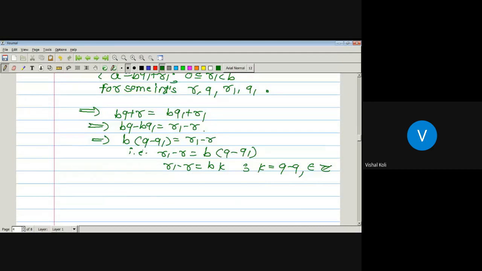So R1 minus R is K times a multiple of B.